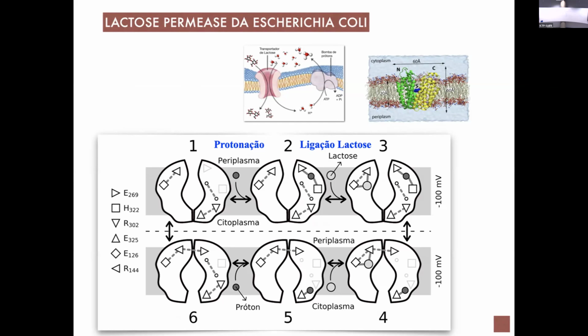So from all these transitions, we could get more or less the energetic step between one and the other. And this is our initial guess.